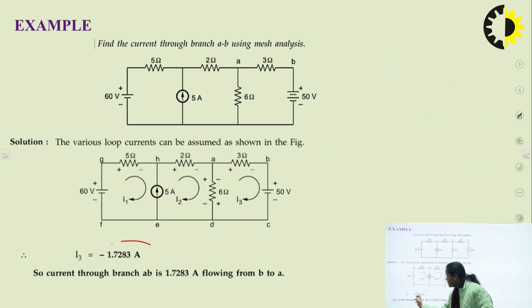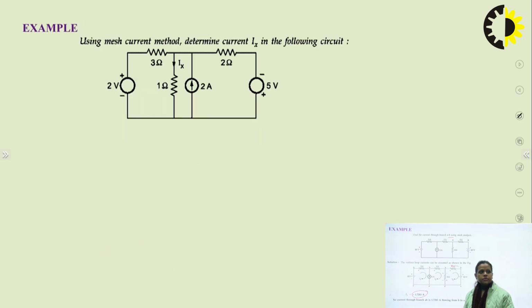After solving, we get I3 equal to minus 1.7283 A. It means the direction of current we assumed from A to B is wrong; actually it is from B to A. So the current flowing through the branch AB is 1.7283 A, and the direction is from B to A. This is how we can solve the super mesh question.